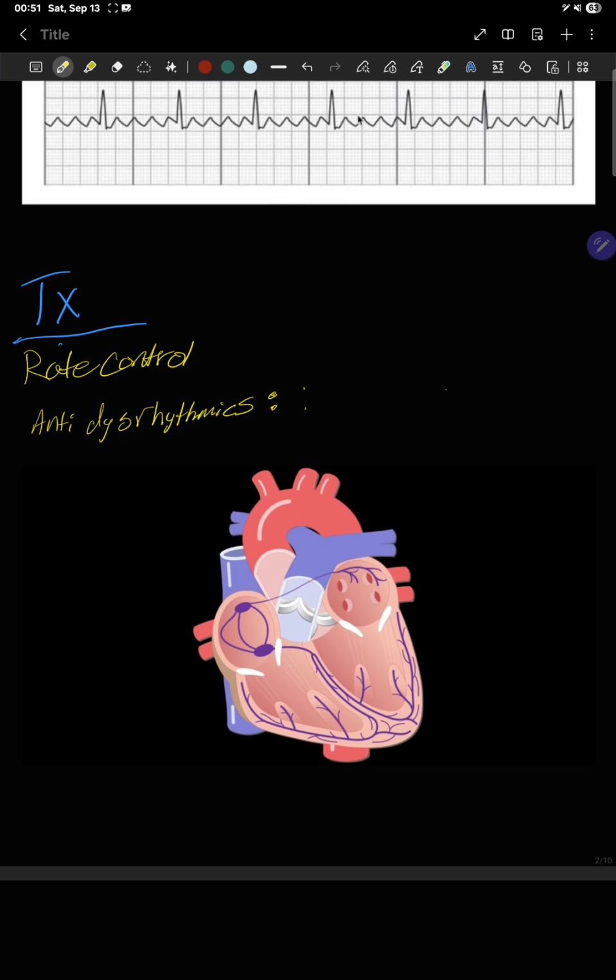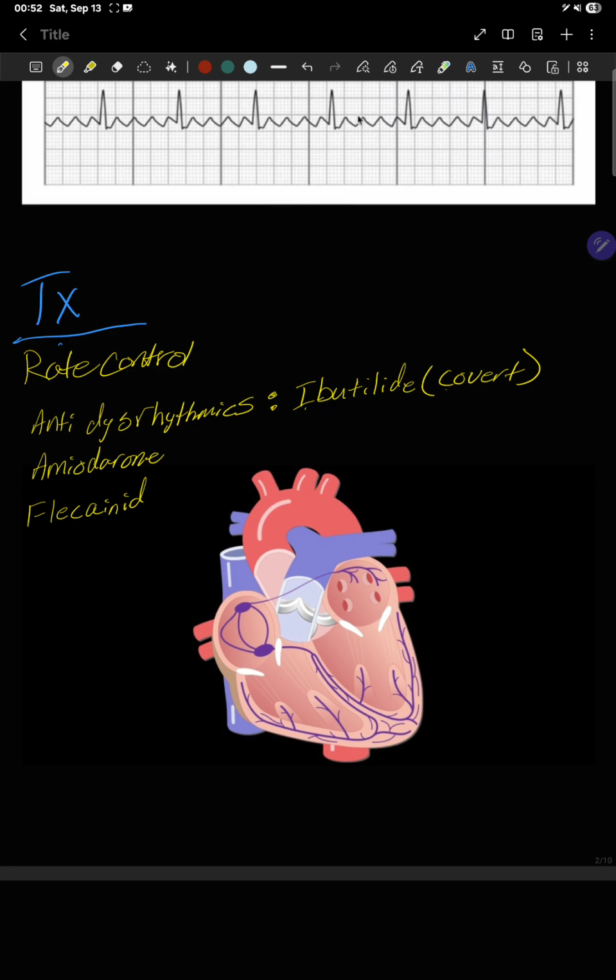We do a drug called ibutilide, also called Corvert. We can also do amio, and flecainide.